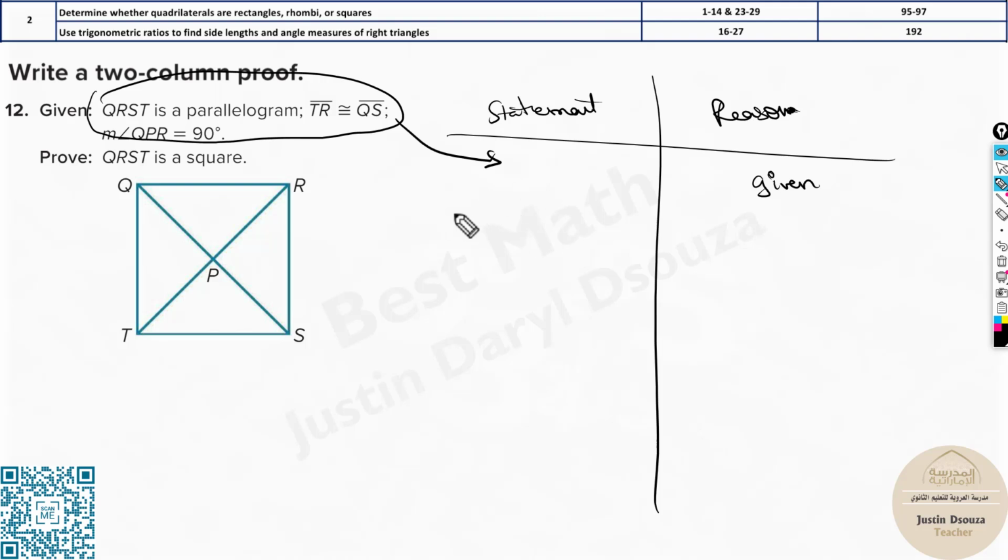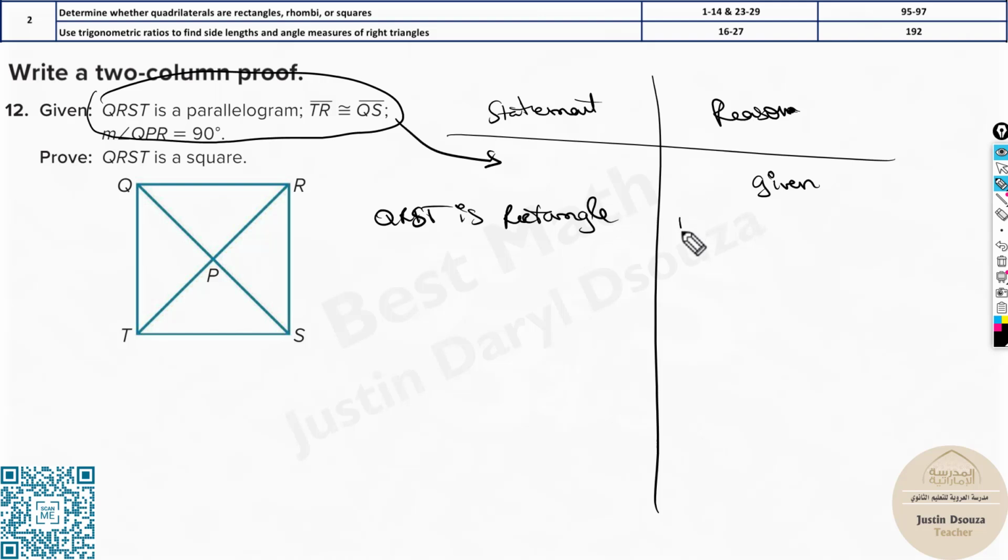Next one, here, what do they tell about the diagonals? Diagonals are congruent, right? If the diagonals are congruent, it should be a rectangle. It's either a rectangle, square, or rhombus. But we can't prove it's a square or rhombus, but it's definitely a rectangle because that's the rule. Now I'll just write over here, QRST is a rectangle.